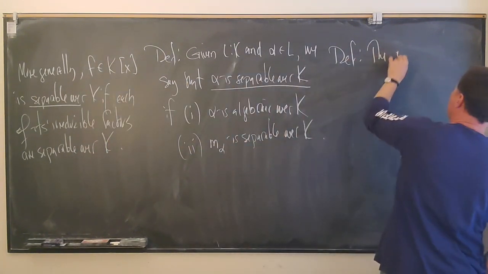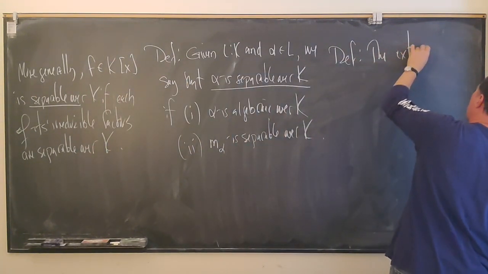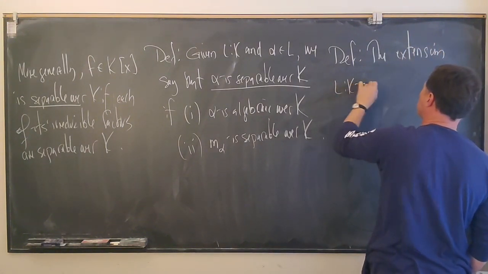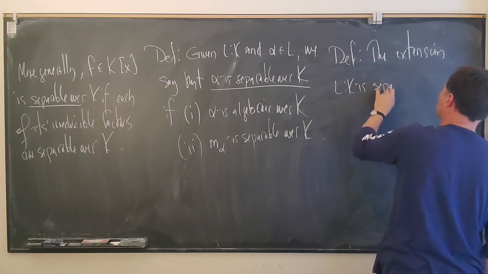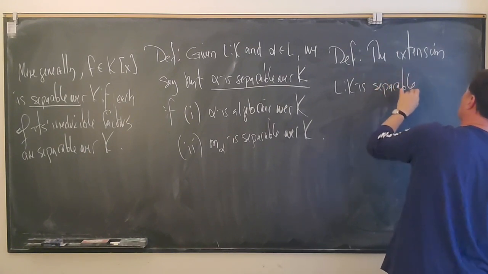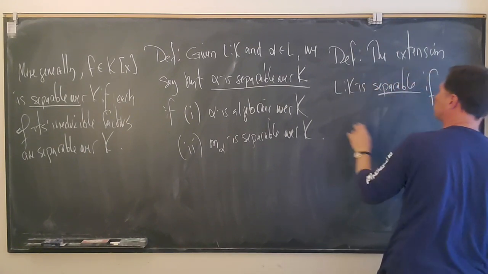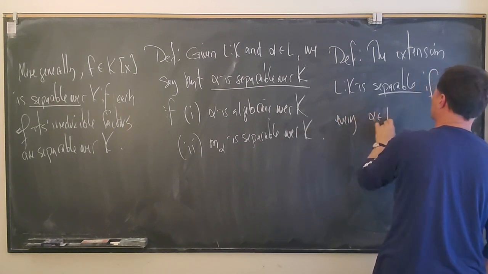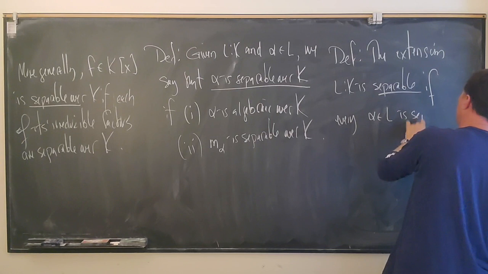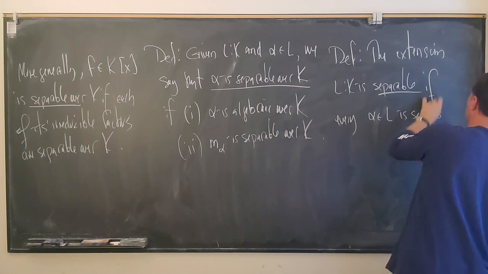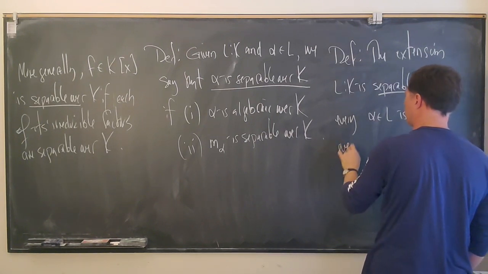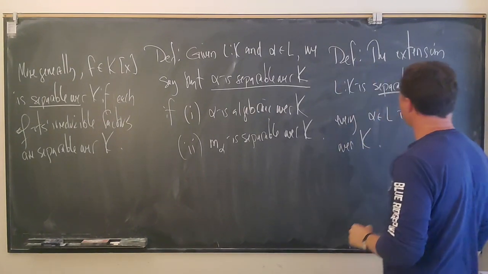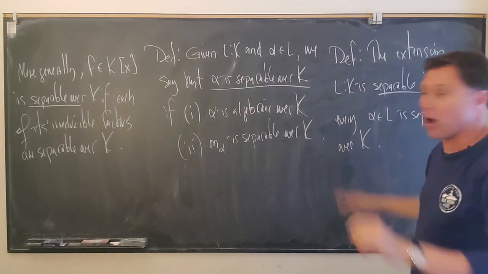The extension L over K is separable if every alpha in L is separable over K. So how would we put all of this stuff together?